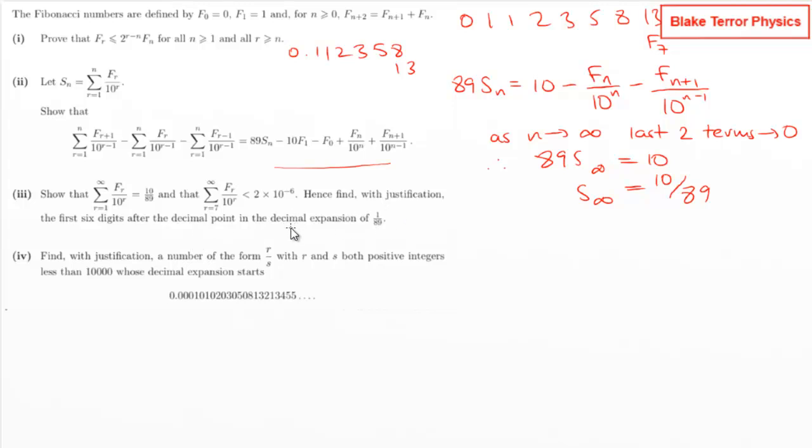Now we've got this inequality. The inequality is a bit annoying, isn't it? The only place we've had an inequality up until now is here. So it's got to be to do with that, hasn't it? So I've got going from r equals 7 to infinity fr over 10 to the r.